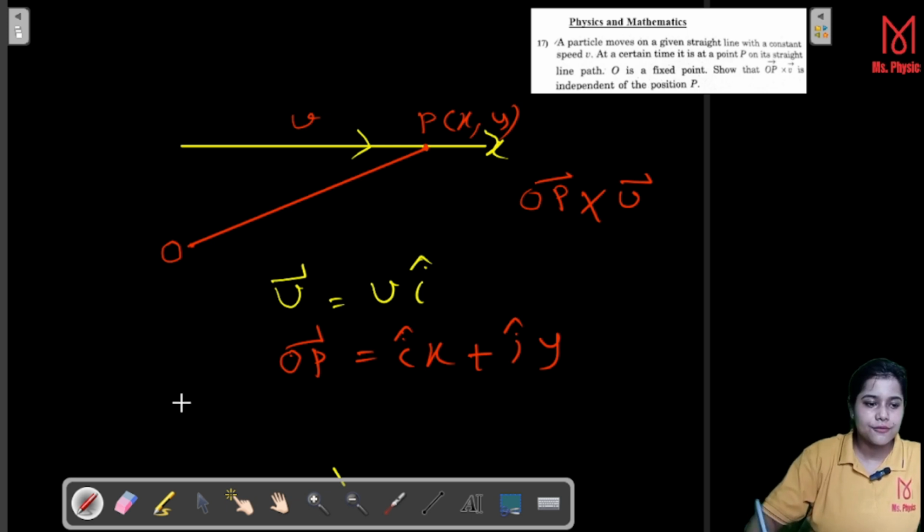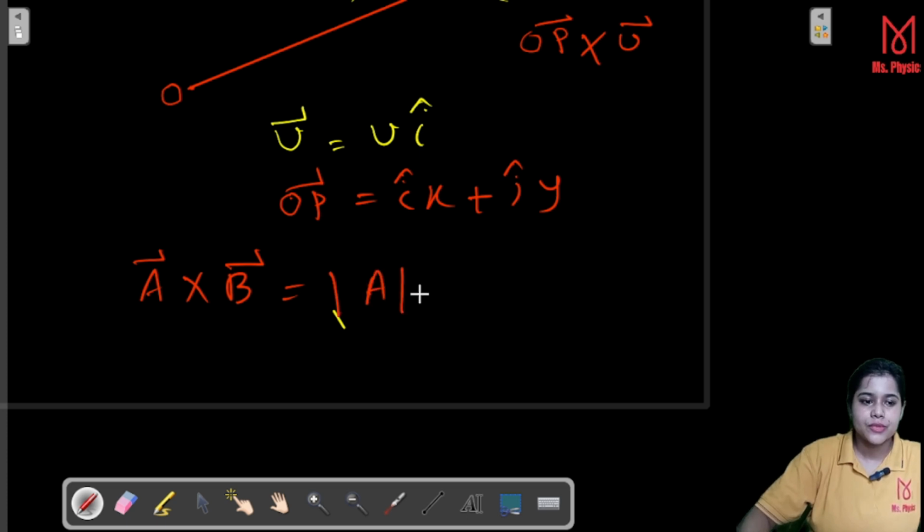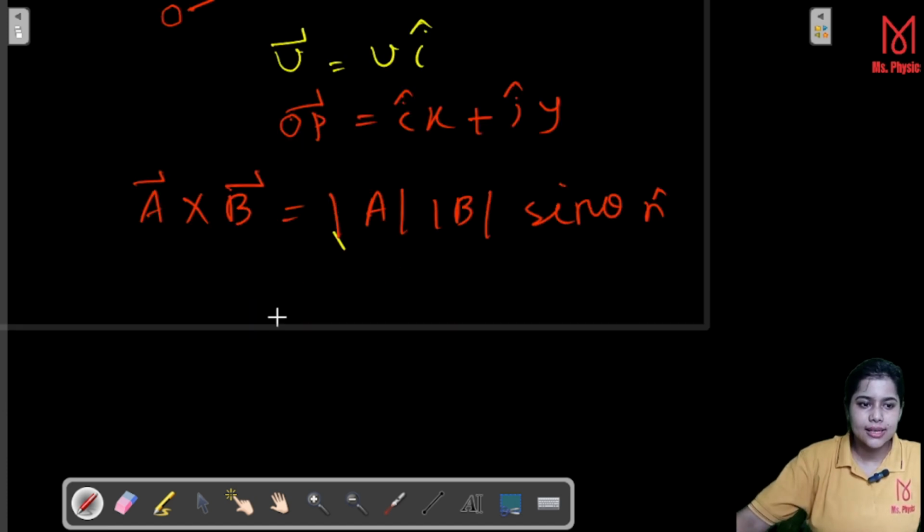Now, therefore, we are now doing the cross product. Okay, A cross B means, as we know, mod of A, mod of B, sin theta, n cap. But here, this formula we are not going to use because in another way, we will do the cross product.